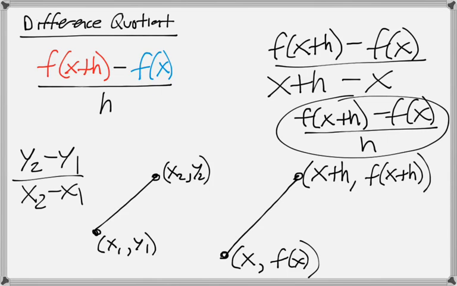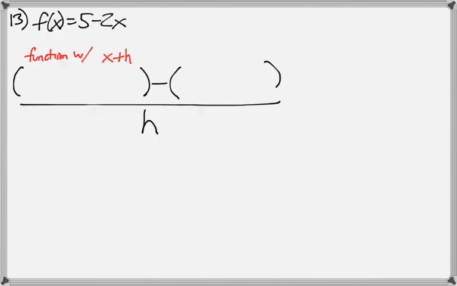So I'm looking at that part of it. So that's going to be, if I look at my function and just plug in x plus h wherever I see x, it will be 5 minus 2 times x plus h.